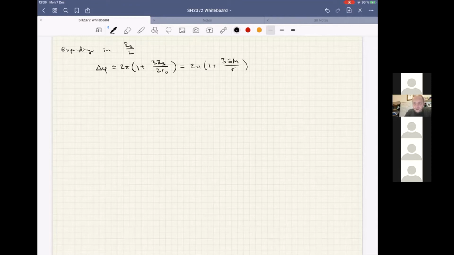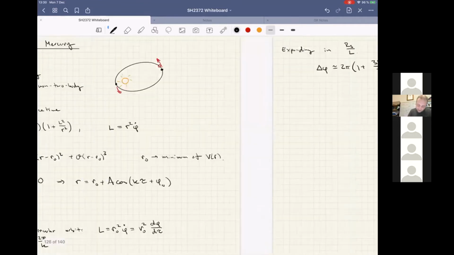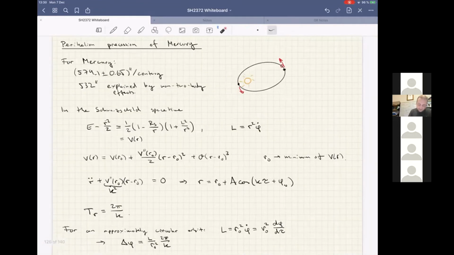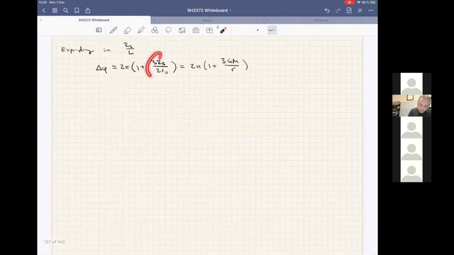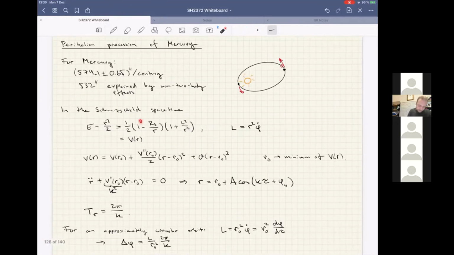Now, what you'll see is that if everything had been Newtonian, I would not have had this term with a Schwarzschild radius in it, and I would have been able to neglect some other terms.